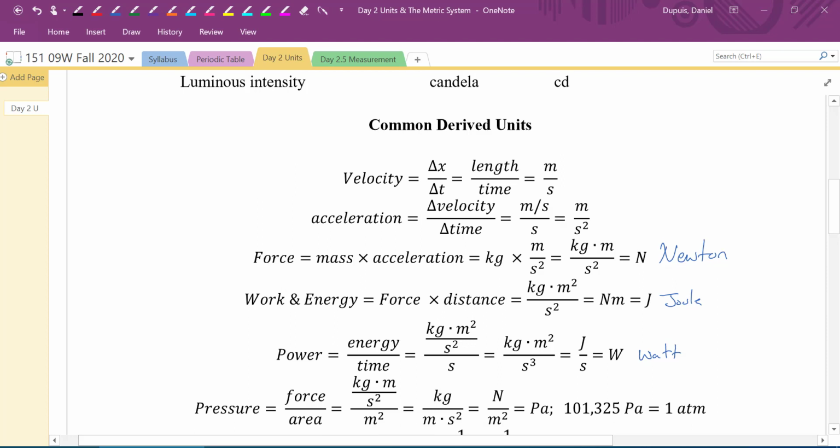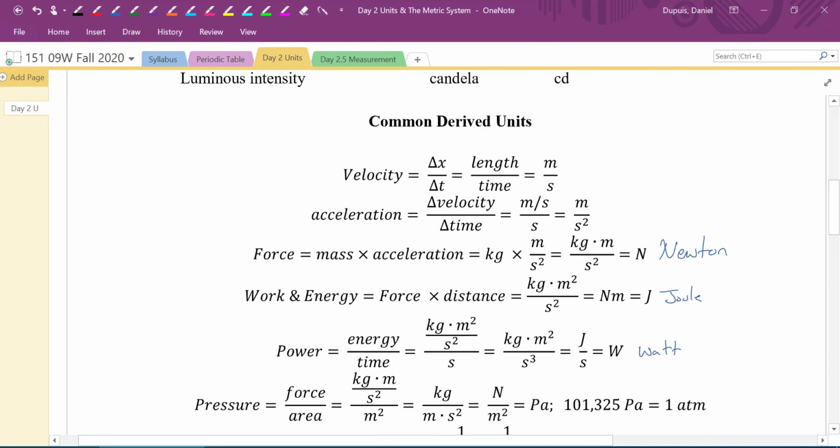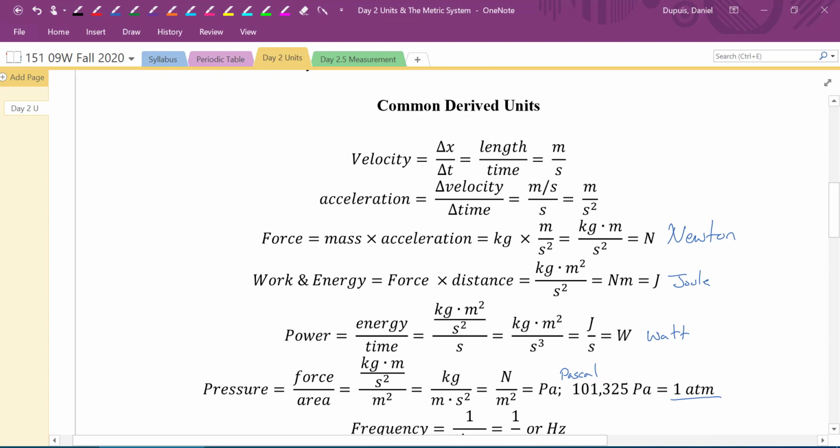Alright, now pressure is another one. It's force over area, where you have force, right? Kilogram meter per second squared divided by area, which is a kilogram per meter second squared, or Newton per meter squared, which is a Pascal. Now we don't actually use pascals. We use atmospheres, and when we get to gas laws, we'll use atmospheres.